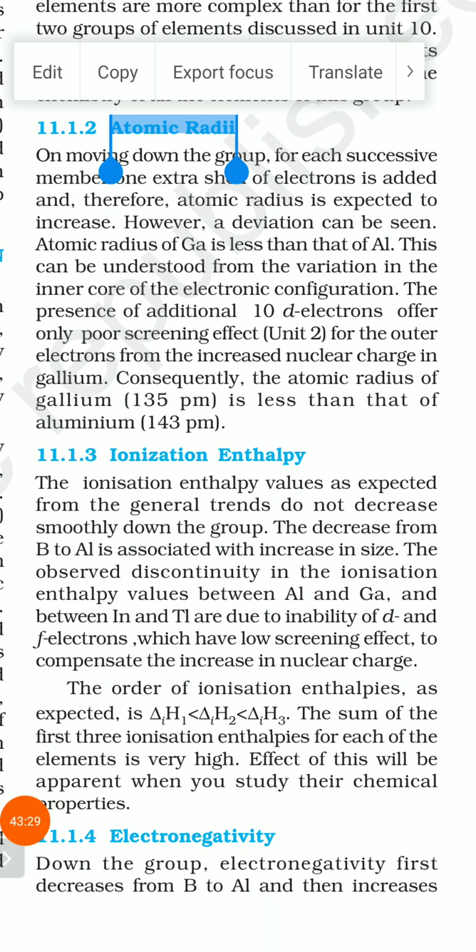While moving from left to right in a period, the atomic size decreases. Why does atomic size decrease in a period? Due to effective nuclear charge. Why does atomic size increase in groups? The effective nuclear charge is less, so atomic size gradually increases.